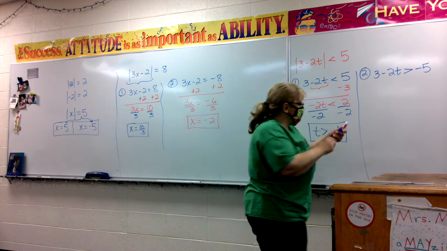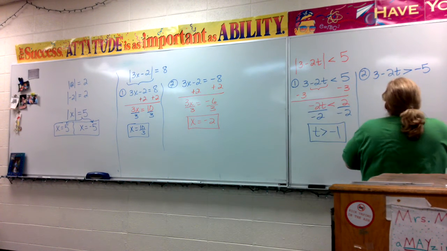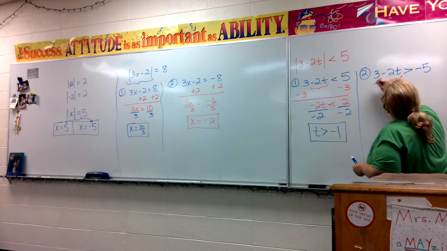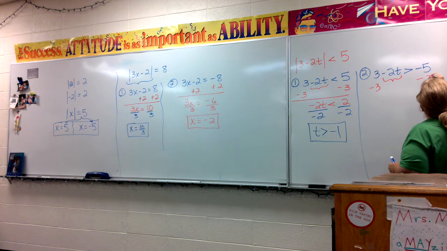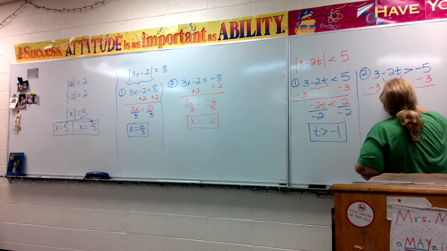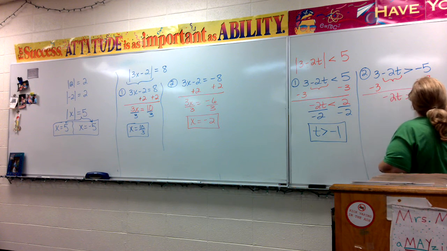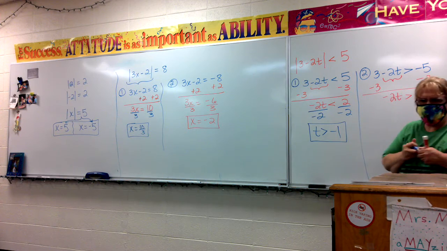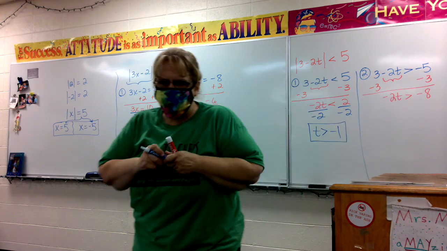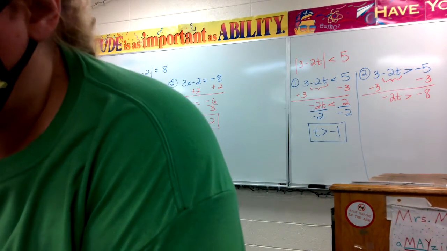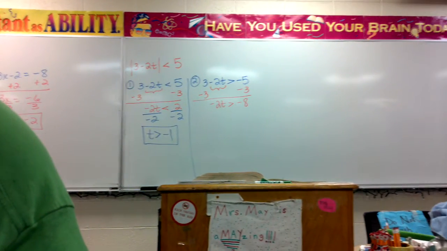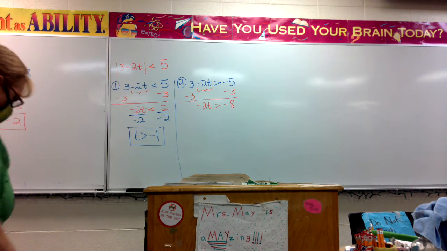Now we have to do the same thing over here. Solve it. I have all the t's together. Have to get rid of what's with it. -2t is -8. Now what? Divide both sides by -2 again.